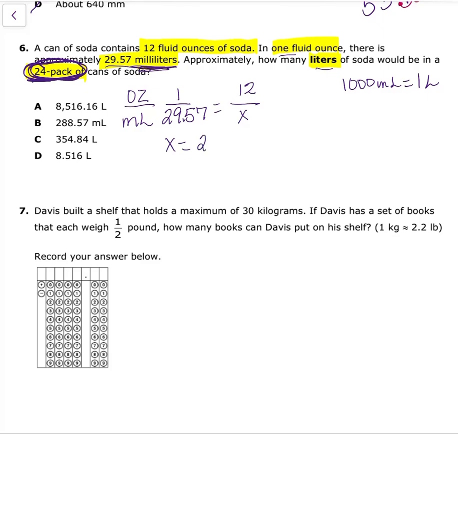1x equals 29 and 57/100 times 12. Easy to multiply by 1 and 2. I'm thankful for that.